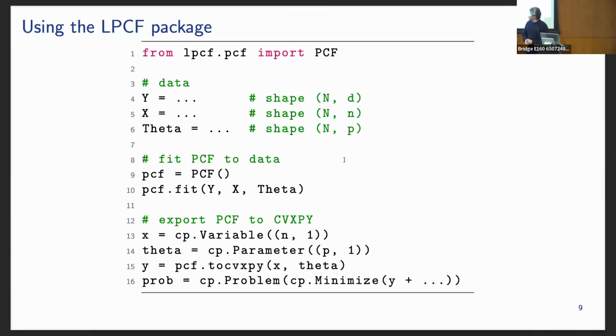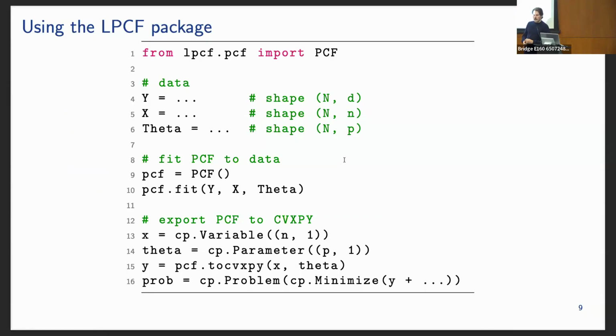Here's a little hello world example. We expect that you have your data ready. It might be observations or simulations. It's just an array with n rows for the number of data points, the outputs, and variables, and the parameters. You instantiate a PCF object and you fit it. There's a couple of settings that you can play around with.